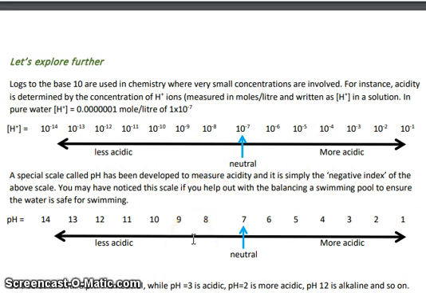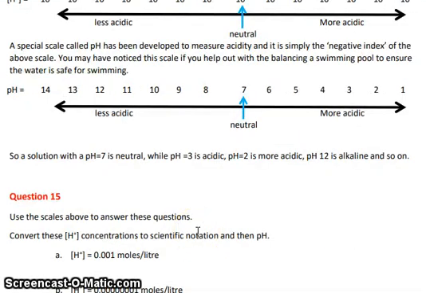A special scale called pH has been developed to measure the acidity and is simply the negative index of the above scale. You may have noticed this scale if you help out with balancing a swimming pool to ensure the water is safe for swimming. So a solution with pH equal to 7 is neutral, while pH equal to 3 is acidic, pH equal to 2 is more acidic, and pH 12 is alkaline, and so on.